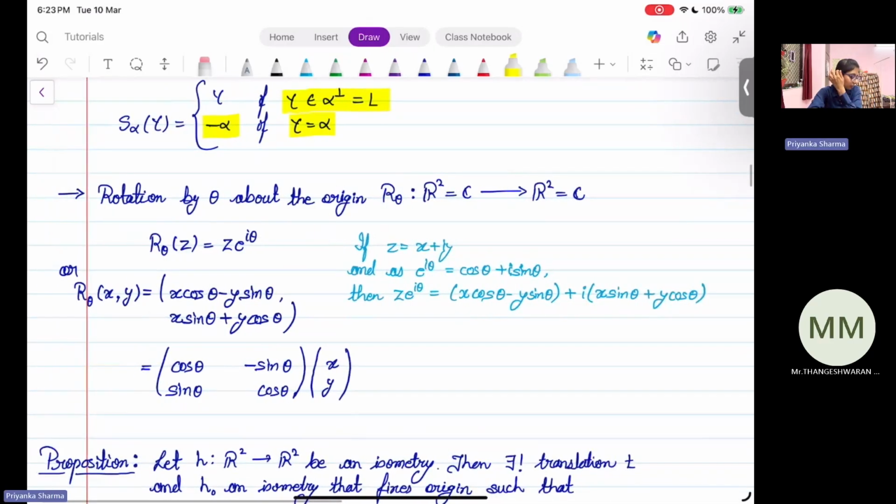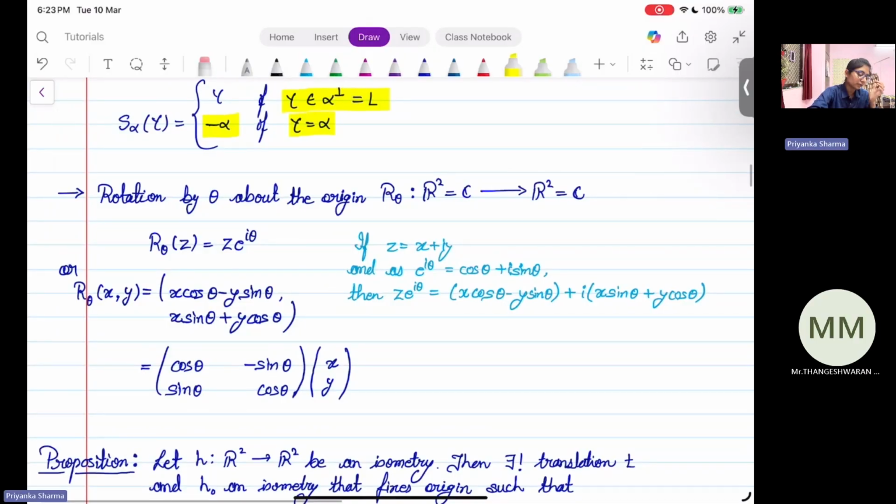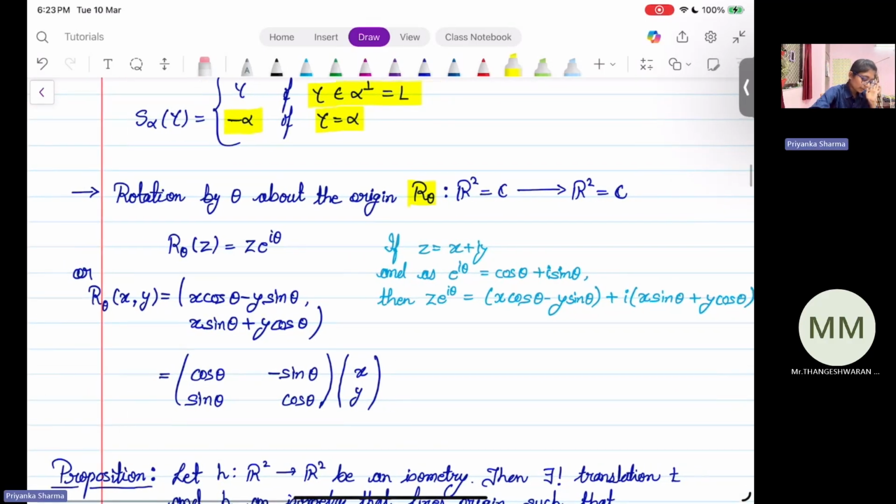Now, what is rotation by some angle theta about the origin? This is denoted by r theta. Okay, so r theta of z is actually z e to the power i theta.